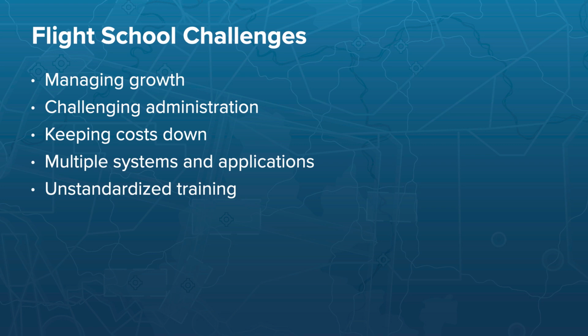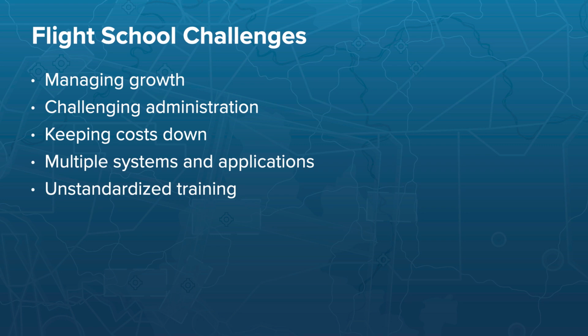Everything is expensive. Maintenance, onboarding, compliance. And we've got managing risk. Am I doing everything possible to keep my pilot safe? Last but not least, unstandardized training. CFIs are often using different methods and techniques to teach different materials. There are several different kinds of EFBs. Some are even using paper charts.